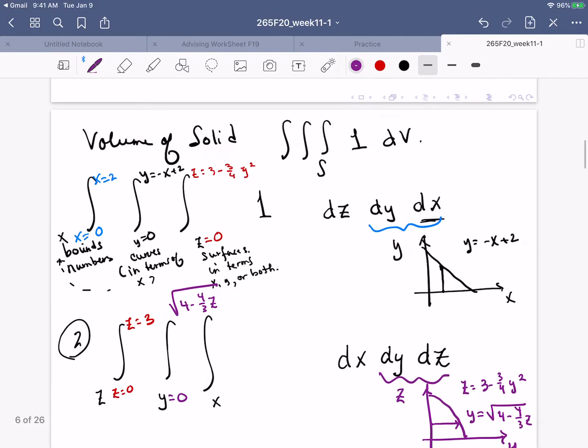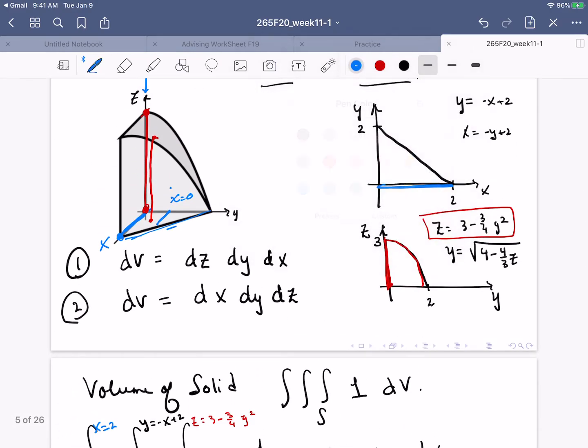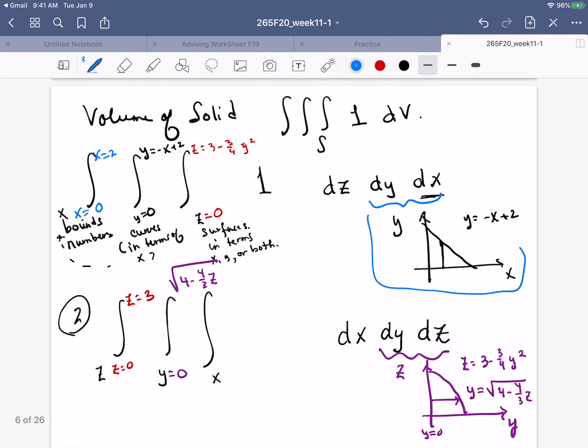Okay. And then finally we have x. If I'm looking at x, I'm again going from this back YZ plane up to x, and I'm using my graph that I can work with on the XY plane, but this time I want to consider x going from zero up to this line, and so that would be x equals negative y plus 2.